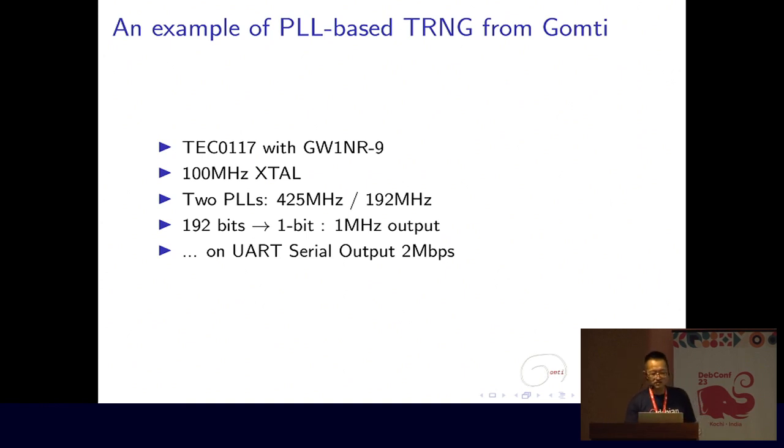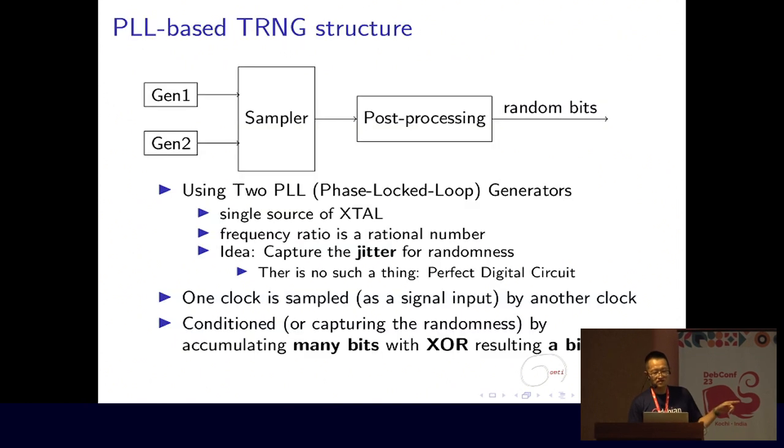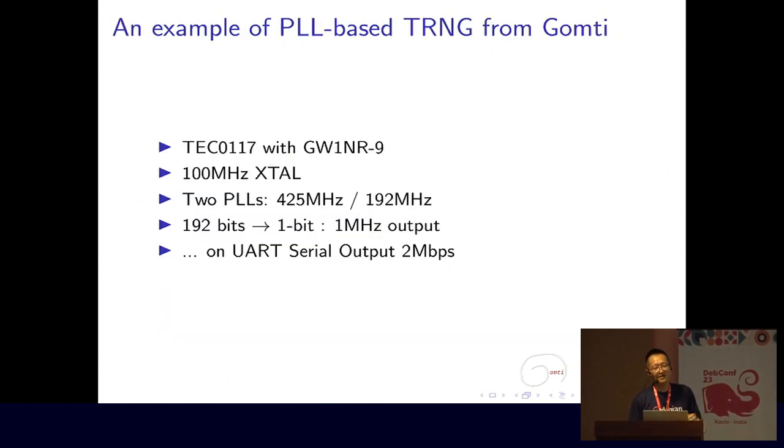And as I said, many bits. How many? Like 192 bits to get a single bit. So many bits are needed to get even a single bit of randomness. And using serial output. That's a concrete example.